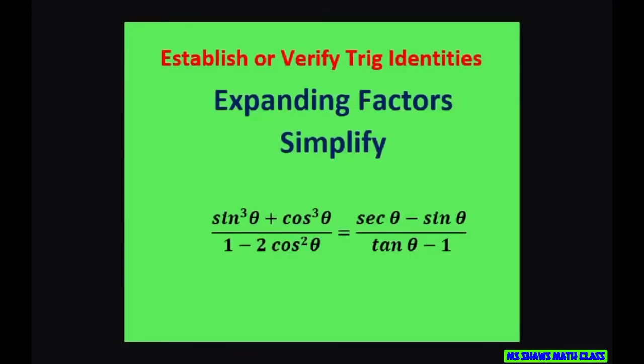Everyone, we're going to verify this trig identity by expanding factors and then simplifying. So the first part we're going to do is look at this numerator here and expand it with our sum of cubes formula. So in this case our A is sine of theta and our B is cosine of theta.